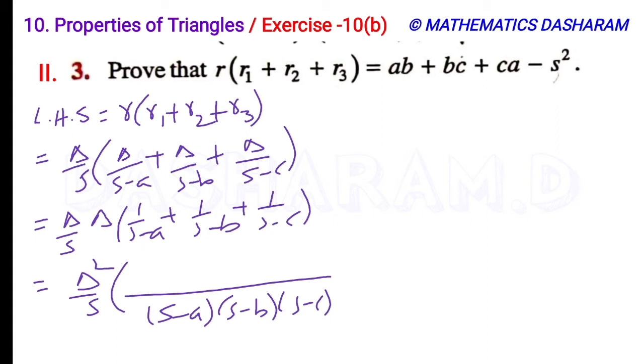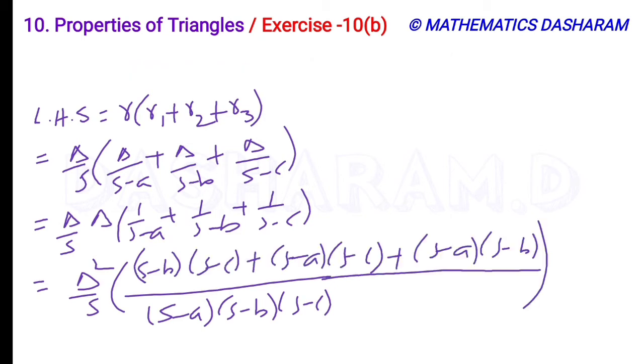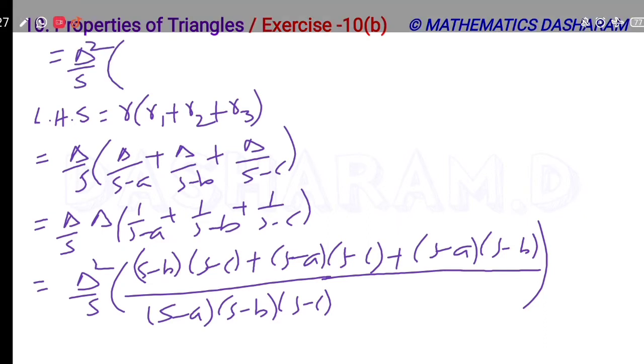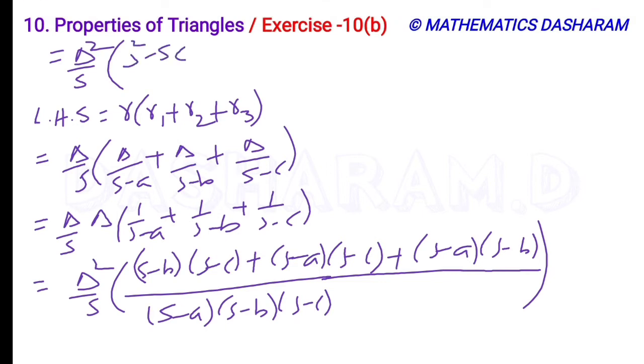Here s minus a, then the remaining two terms are s minus b into s minus c plus, so it is equal to delta square divided by s, bracket of s minus b into s minus c, meaning s square minus sc minus sb plus bc, plus next s minus a into s minus c, s square minus sc minus sa plus ca.